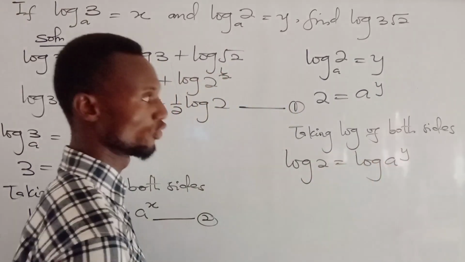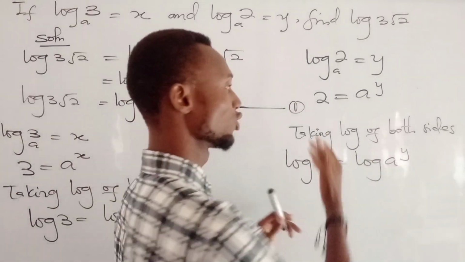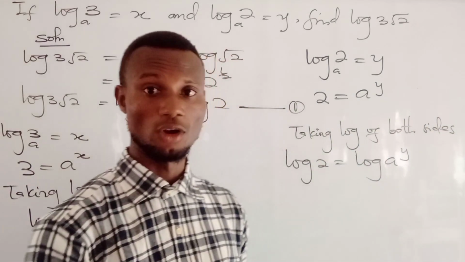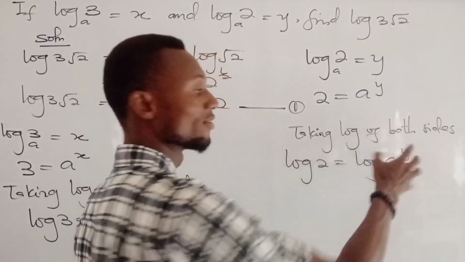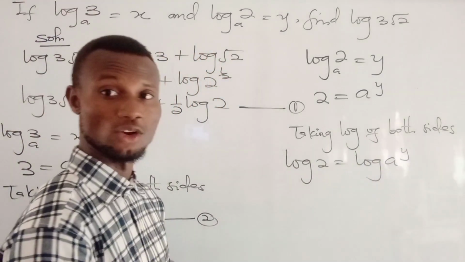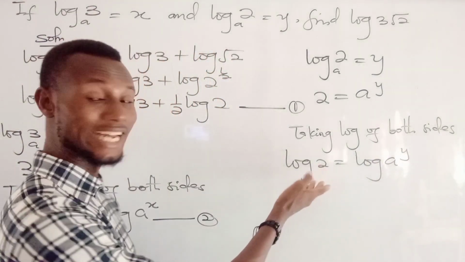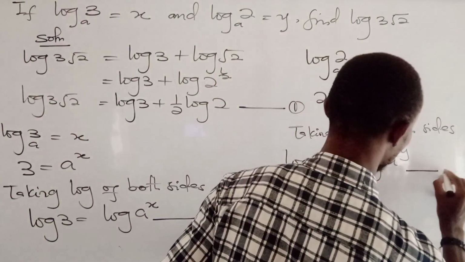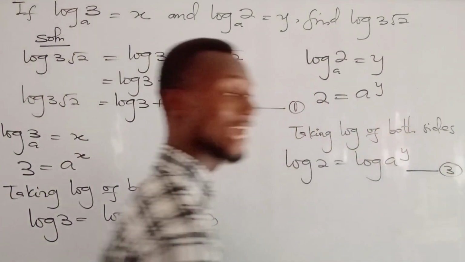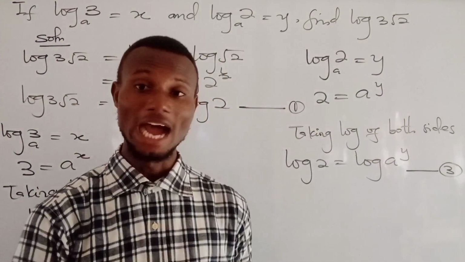We just took the log of both sides of the equation. So now we've gotten the value of log 2. We needed the value of log 2 and we've gotten it. So we will label this one as equation 3.